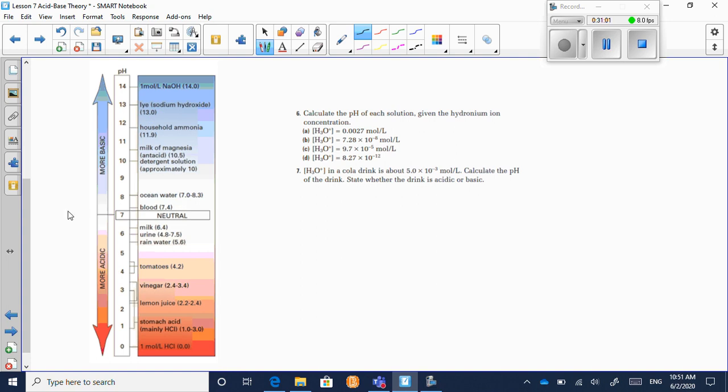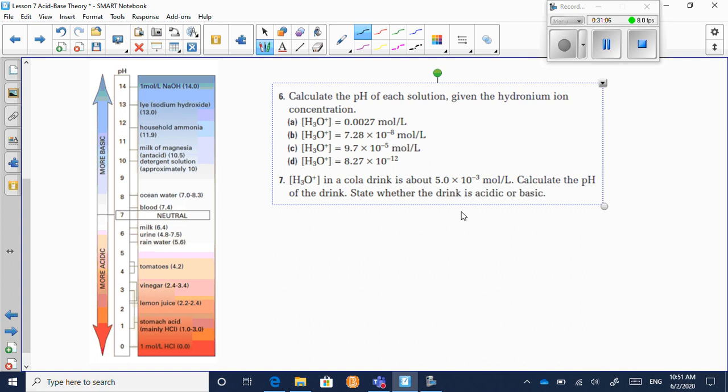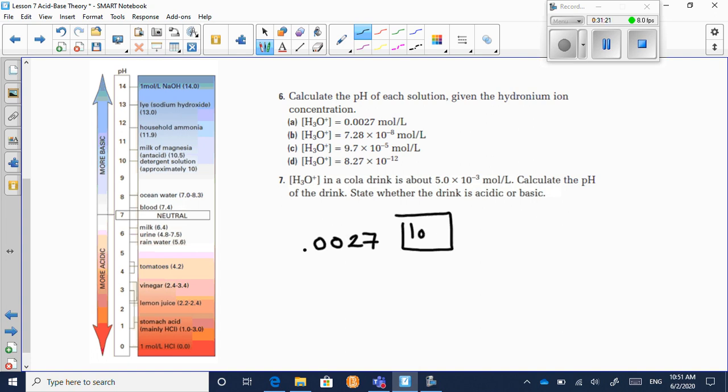I just wanted to show you this, that this is similar to a homework question that you're going to have. It says calculate the pH of each of these solutions. Well, look at this. All you would do is type into your calculator 0.0027, and then you'd hit the log button.